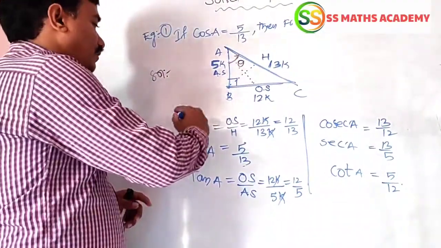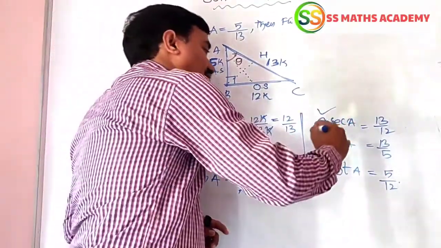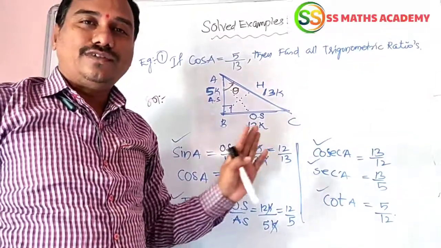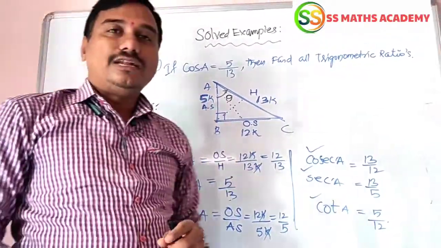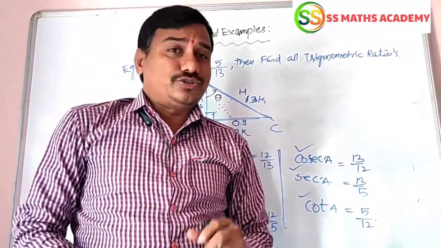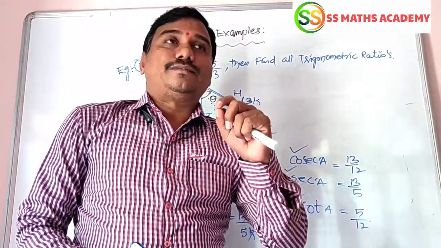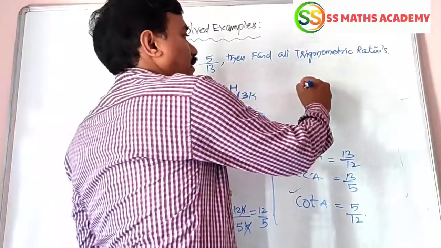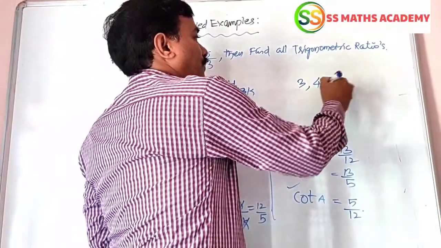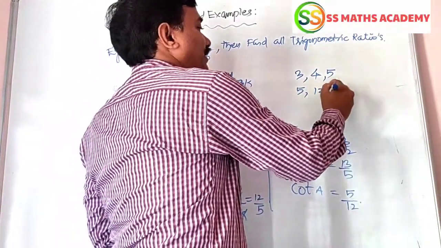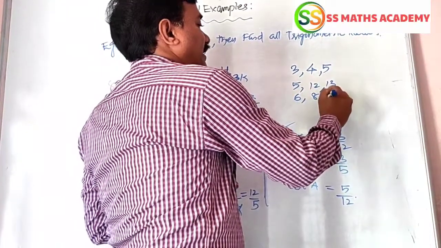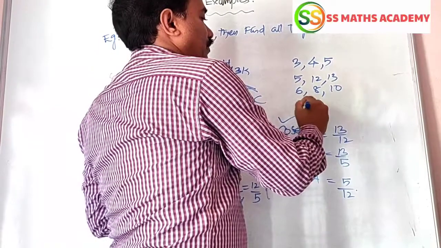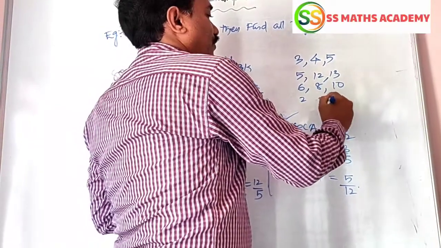So we found 1, 2, 3, 4, 5 remaining trigonometric ratios in a very easy manner. Dear viewers, some Pythagorean triplets you have to keep in your mind, for example 3, 4, 5; 5, 12, 13; 6, 8, 10; next 20, 21, 29; 7, 24, 25.